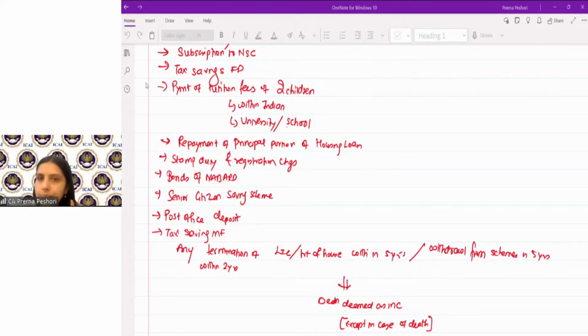Is this very clear? So remember this provision, 10(10D), which provides for exemption for the sum received, but the premium should not exceed 10%. However, for the ULIP specifically, there is a 2,50,000 limit. Right?